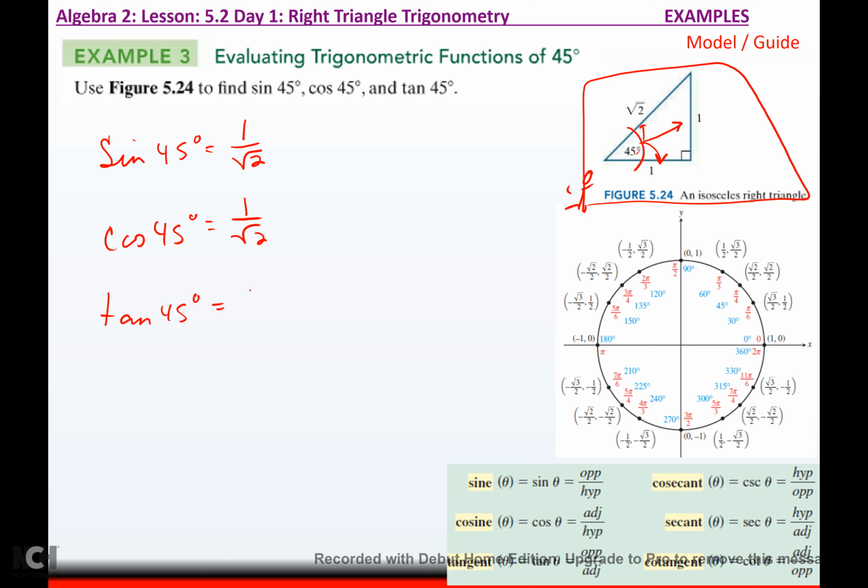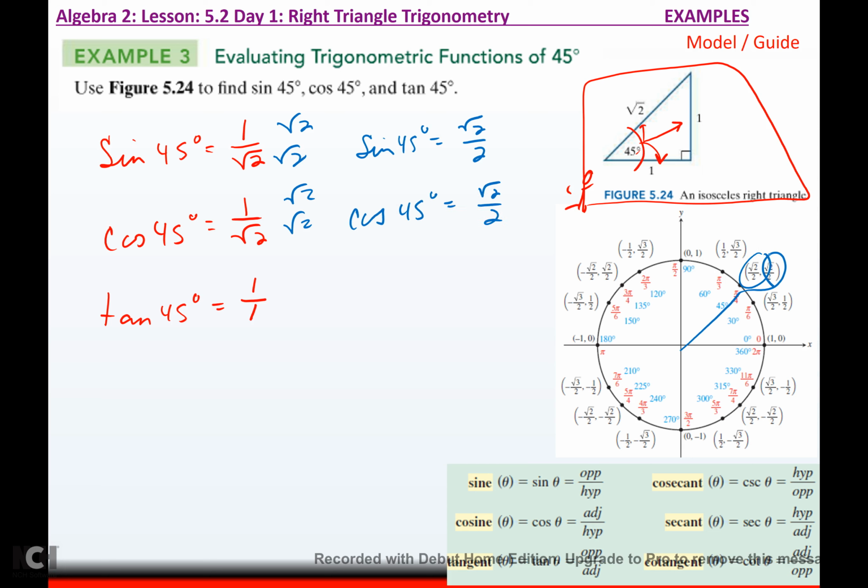And tangent of 45 would be opposite over adjacent. Now if we clean these up, rationalize or reduce, whichever we can do, I'm going to rationalize here and reduce here. So I would have sine 45 equals the square root of 2 over 2. Oh, look, I'd have cosine 45 equals square root of 2 over 2. Oh, look, and I have tan 45 equals 1. If you divide y by x, you get 1. The tangent is y divided by x, or sine divided by cosine, or y divided by x.